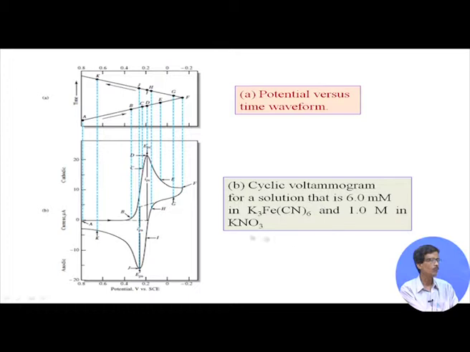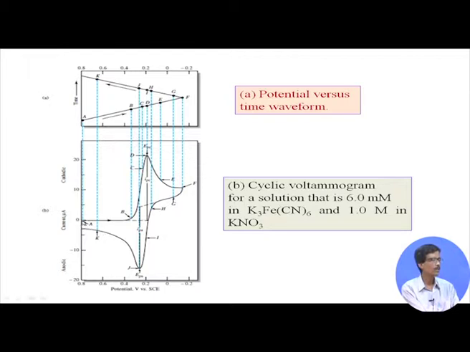Whatever amount of sample, because everything is in unstirred condition, we have not stirred the solution, so everything is unstirred solution. Whatever sample was there on the electrode surface will now be ready for its oxidation. So, again we get that particular amount of current, and we get some potential, EPA, the anodic peak potential, and then we go back and we have some residual current.